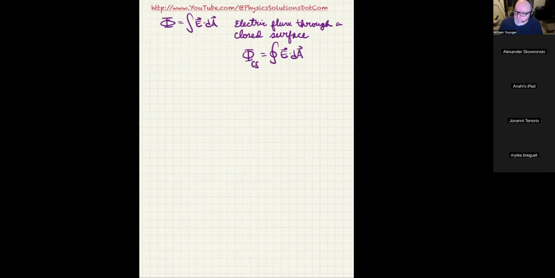So that's what the little circle on the integral means. It doesn't make you do anything different from the integral that you're used to doing. It's just a matter of knowing that it's applied to a closed surface.